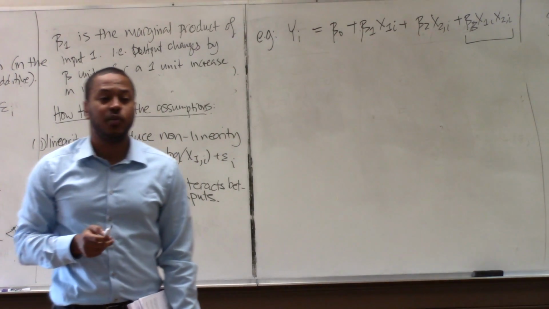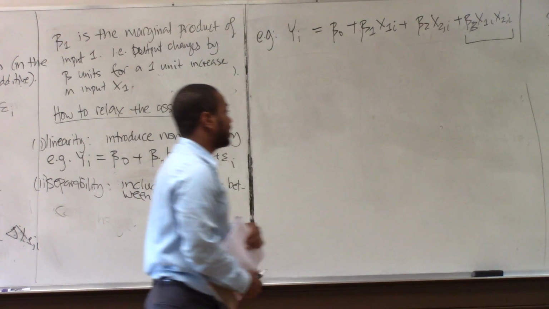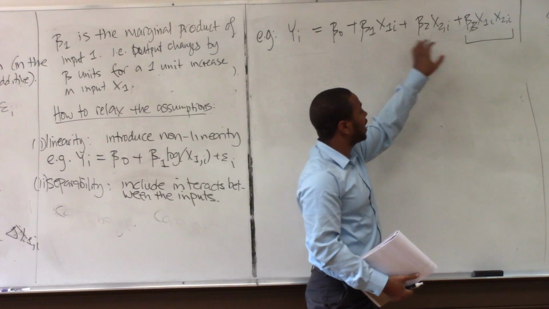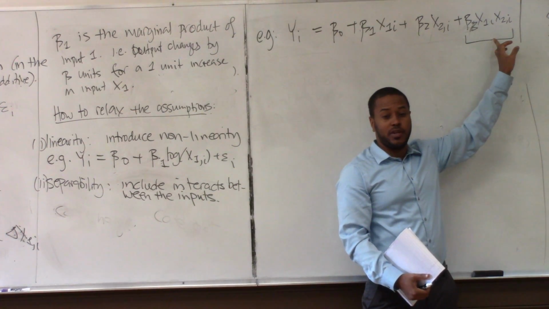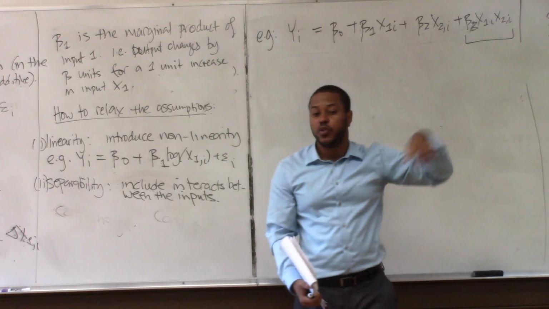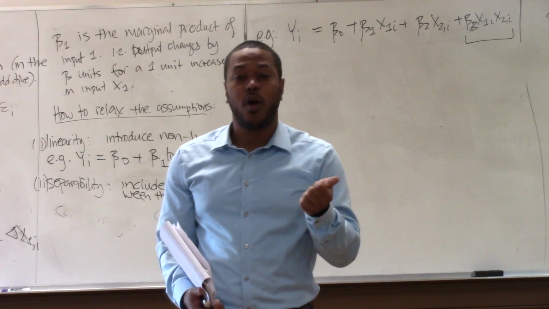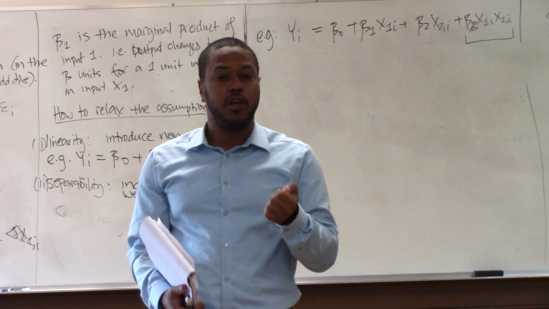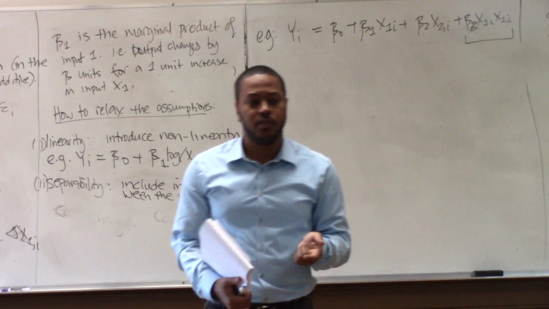And so what we've done is we've introduced, it's still going to be linear in each of these x's, but then we've created an interaction between x2 and x1. So for example, in our example, we said that x1 was going to be class size, and x2 is, what was x2, from our notes?